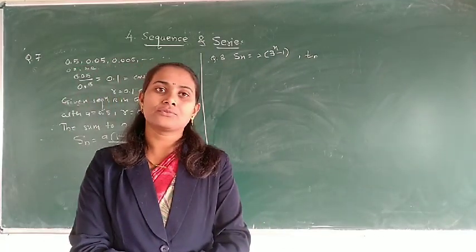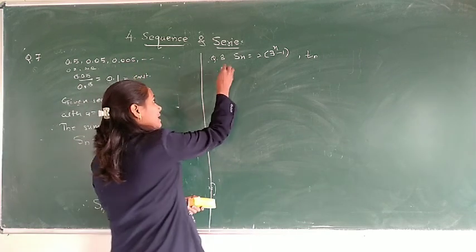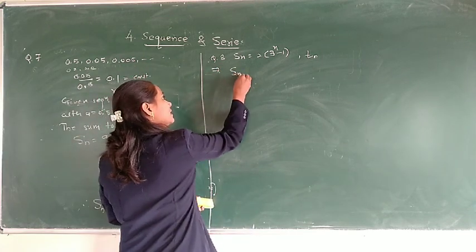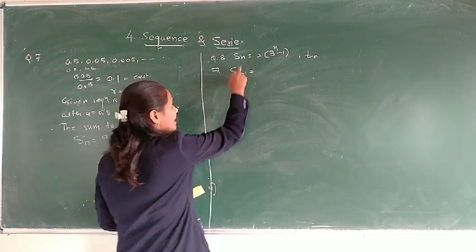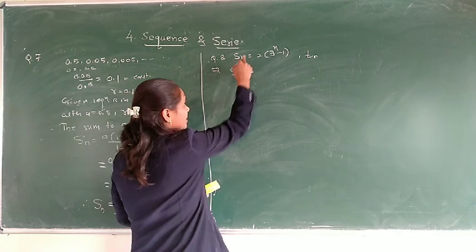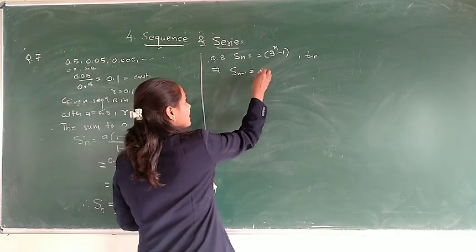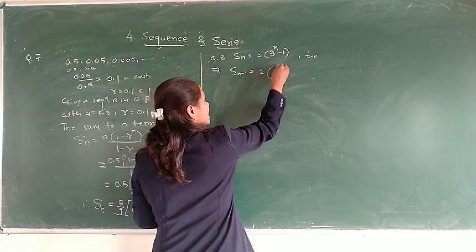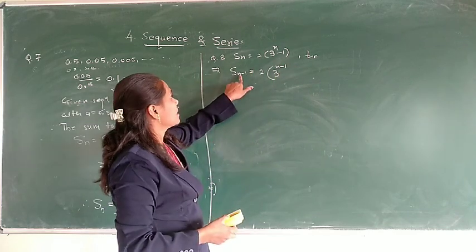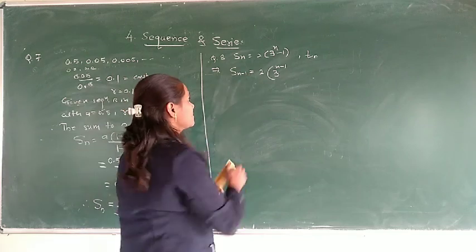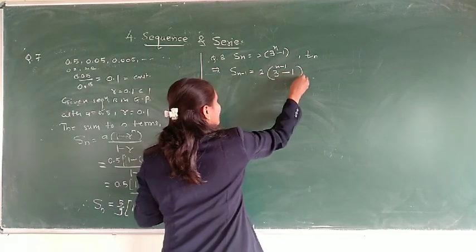So first, since we have been given Sn, from this we find the previous sum. Instead of n, we take n minus 1. Then Sn minus 1 is 2 into 3 raised to n minus 1 minus 1. We just write n minus 1 instead of n.